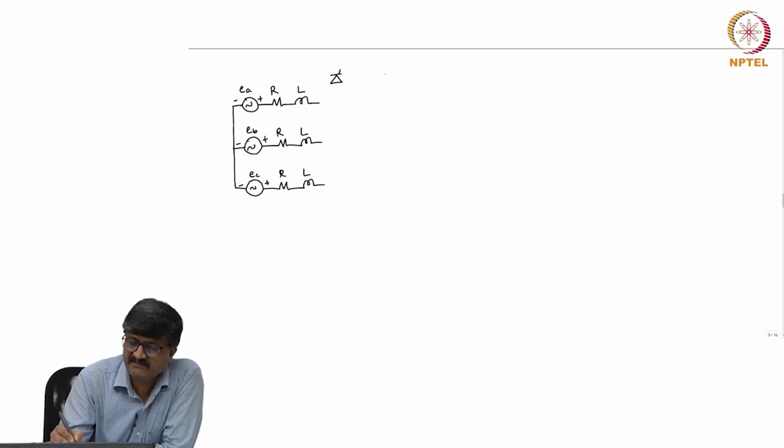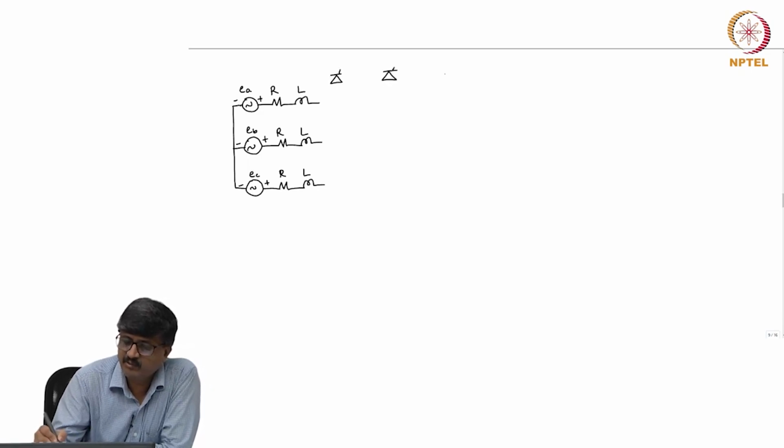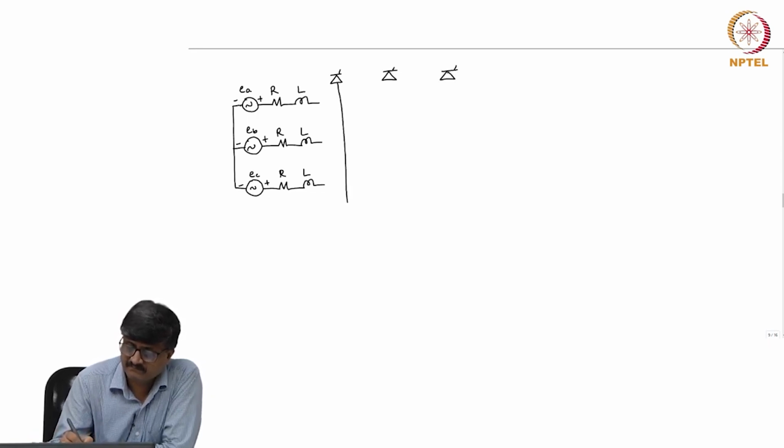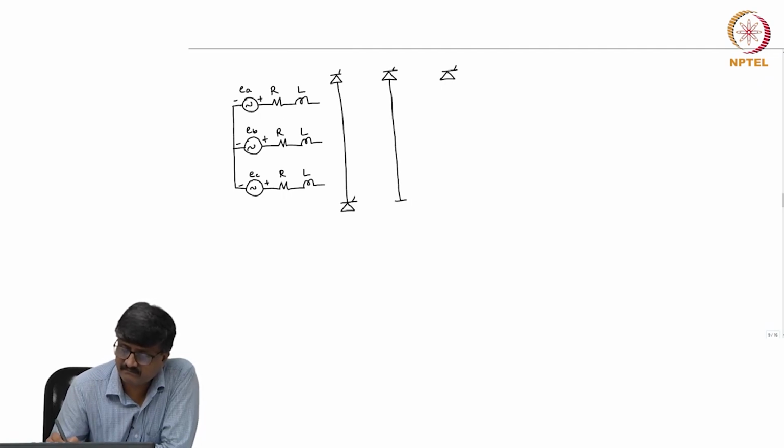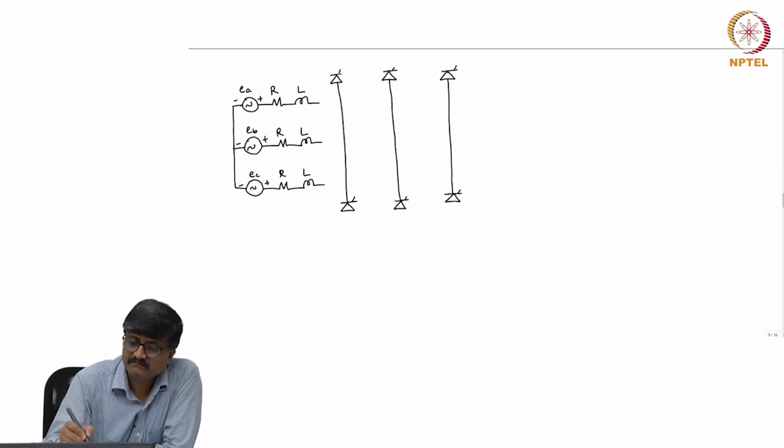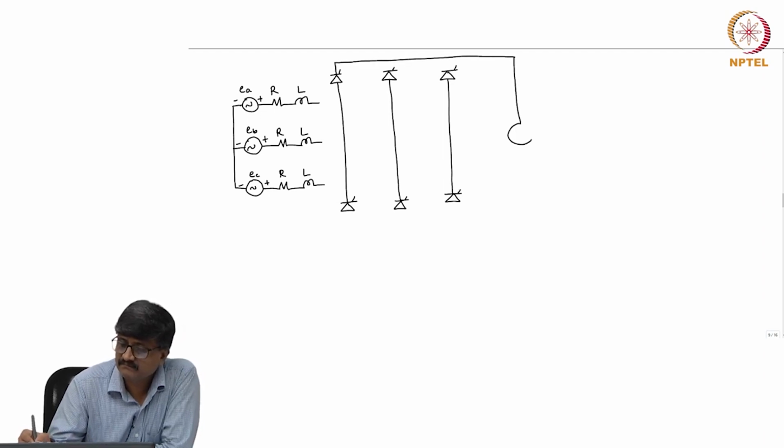We have 3 legs and 2 thyristor valves in each leg. There is no change in the model of the DC side.